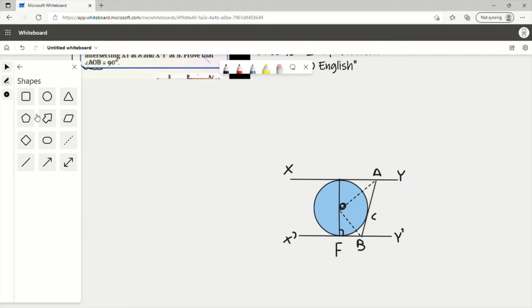Anyways, I'll name this point G. And same way, this will also be a right angle. Alright, so now if we notice, xy and x dash y dash are parallel, which is given to us.